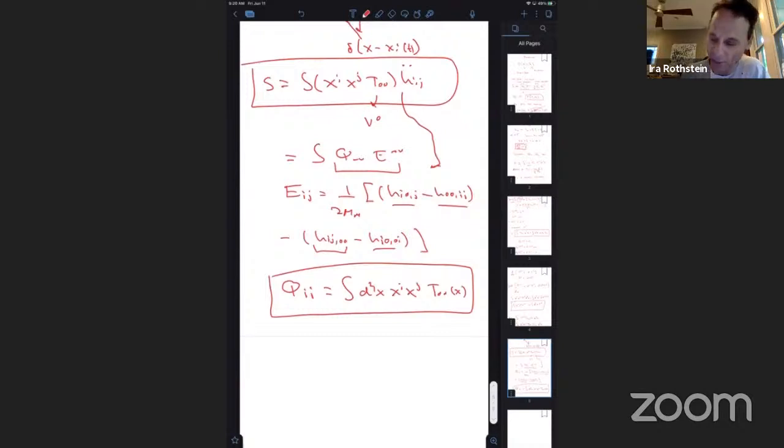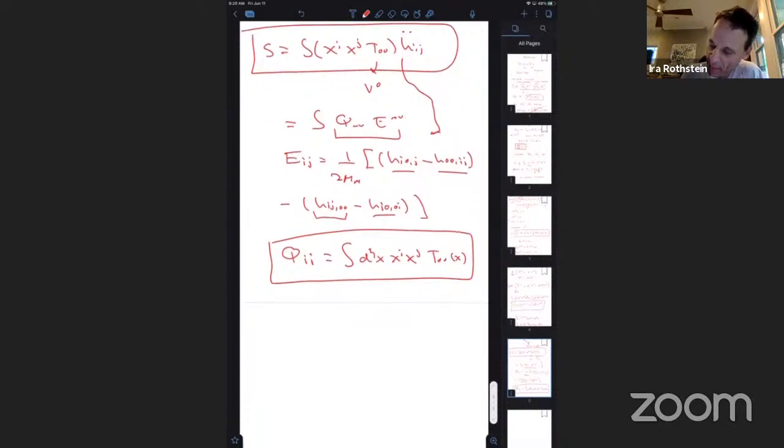Okay, most of you know that that is just the formula for a quadrupole moment. So why didn't I bother just writing that down in the beginning? The answer is because if I go to higher order in the PN expansion, the dependence of this gets much more complicated, and it starts involving more than just T^{00}, because remember, T^{00} is order v to the 0. So this is the v to the 0 contribution to the quadrupole moment. But if you go to higher orders, then this becomes a much more complicated function of both T^{i0}, T^{ij}, and the x's.